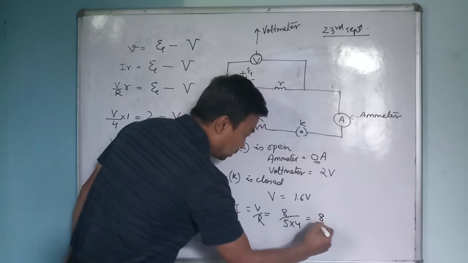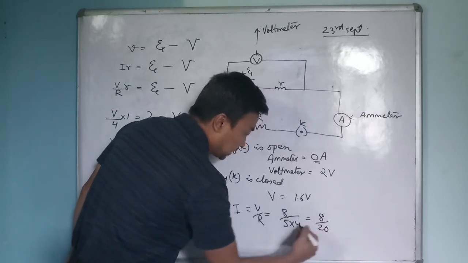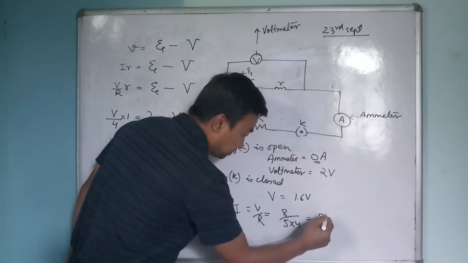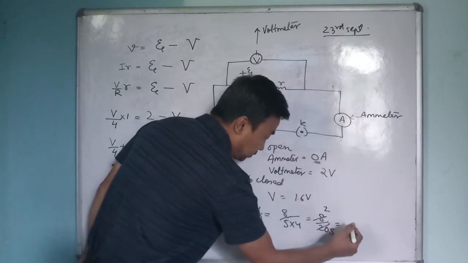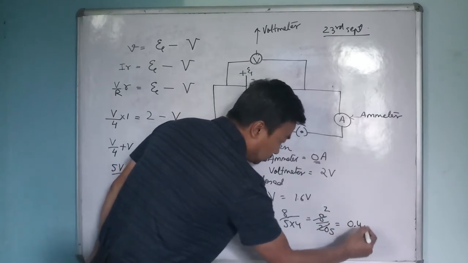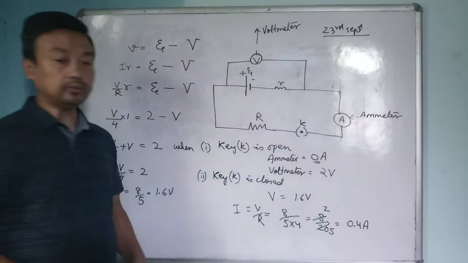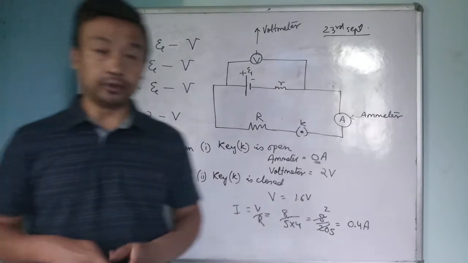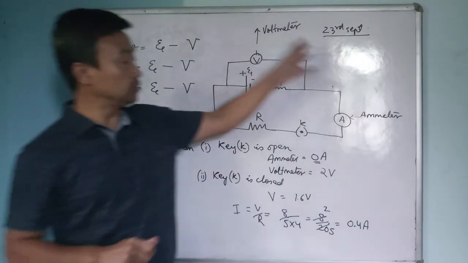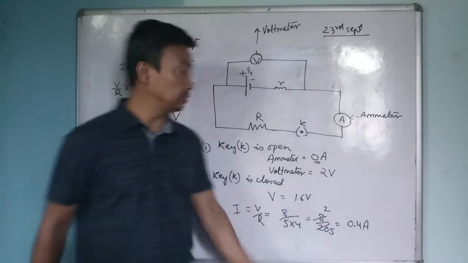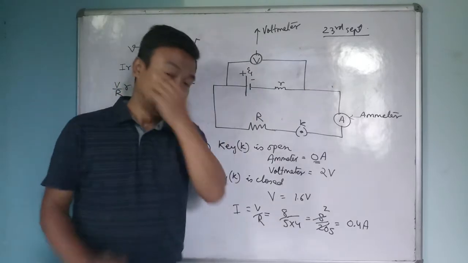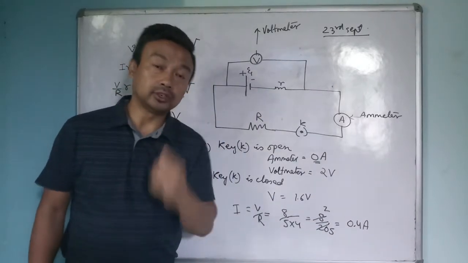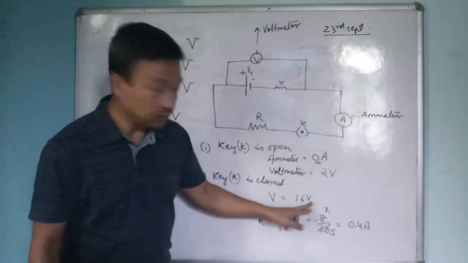So you get 8 by 20, or you can cancel this. 4 2s are 4, 5s are 2.5, which means 0.4 ampere. So the reading in the ammeter, the current flowing in the circuit, will be 0.4 ampere, and the reading in the voltmeter, that is at the external terminal of the cell, will be 1.6 volt.